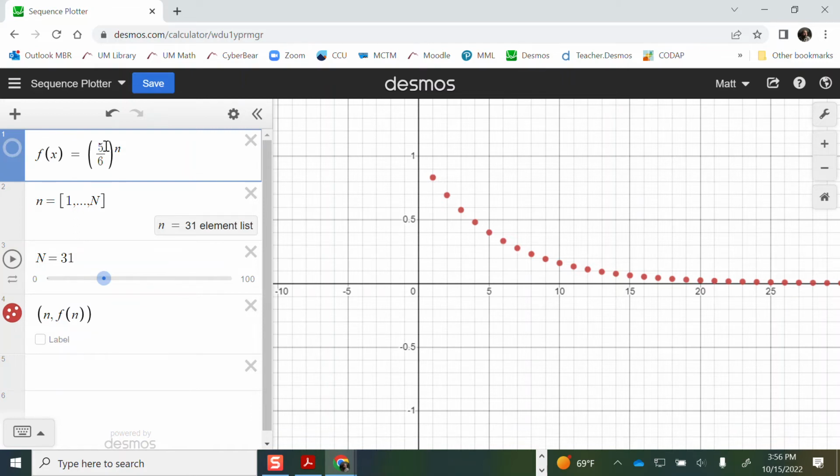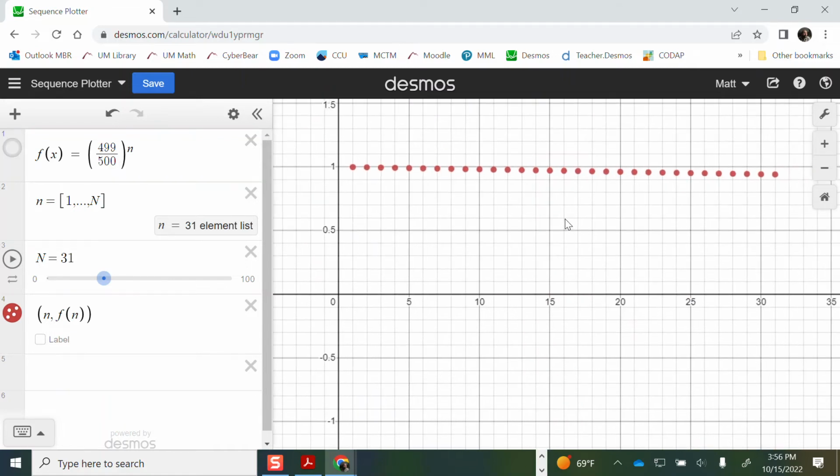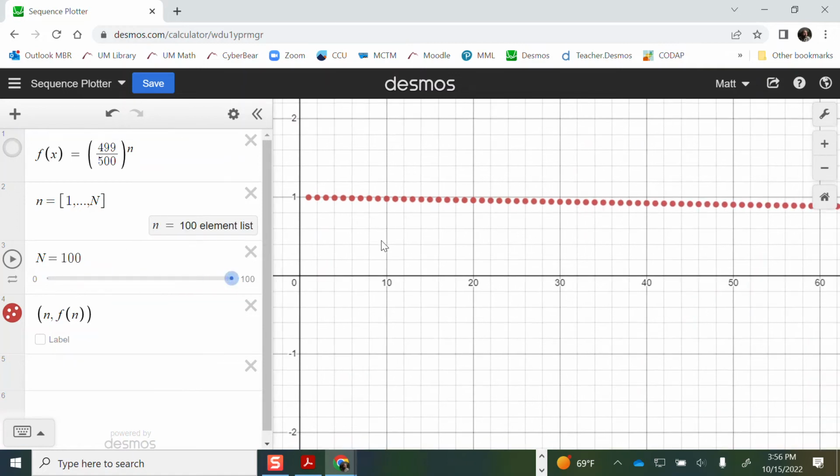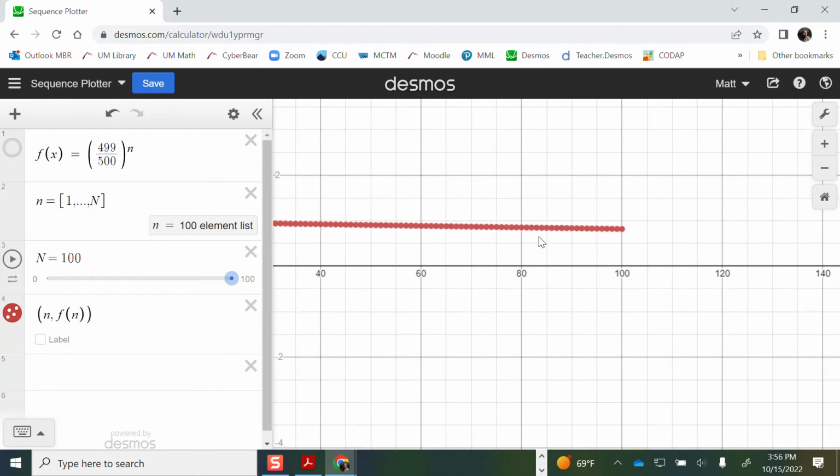In fact, you can make things really close to 1, like 499 over 500. And then look, whoa, it doesn't seem like it's converging at all up there. But if I let things go out a little bit further, things start to seem like they're dropping.